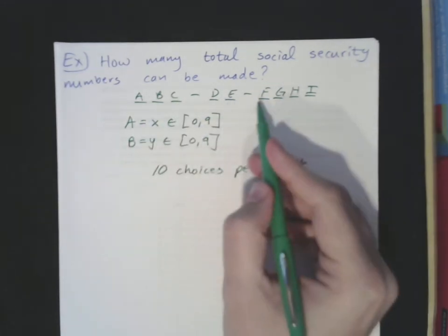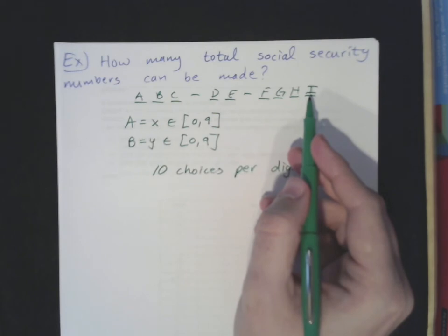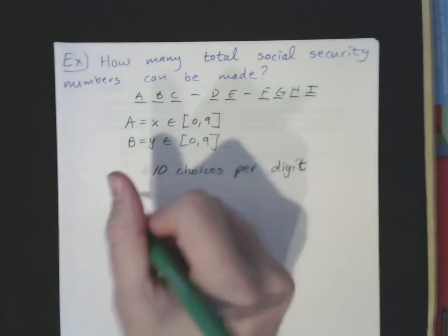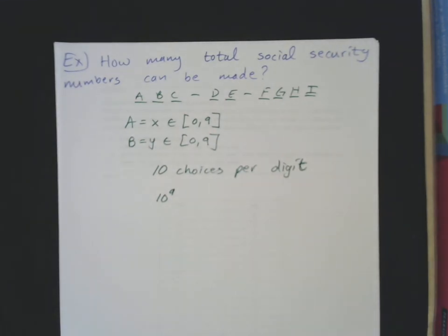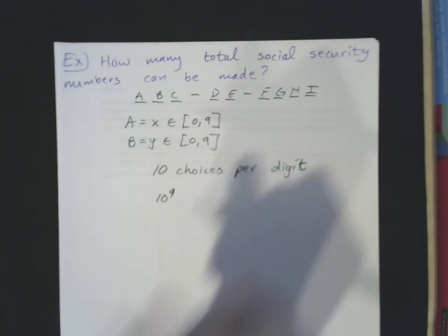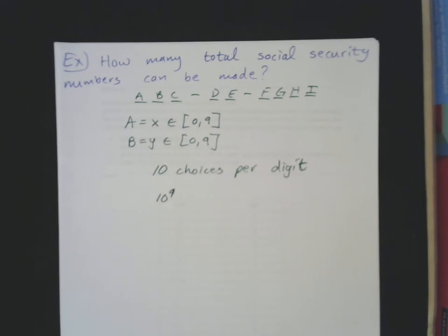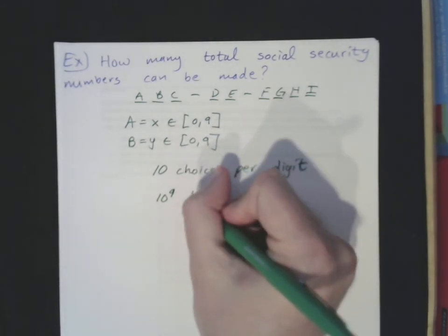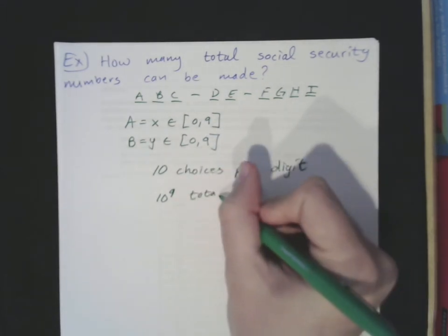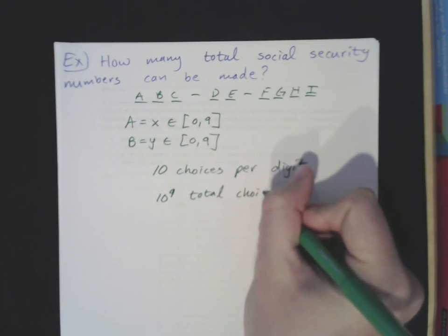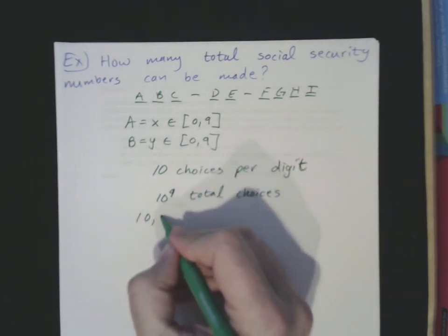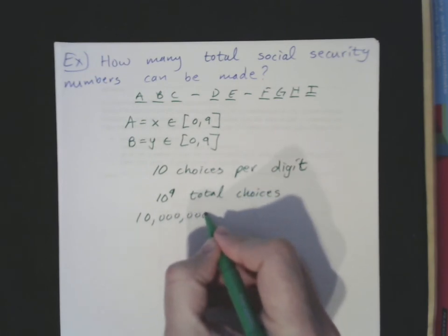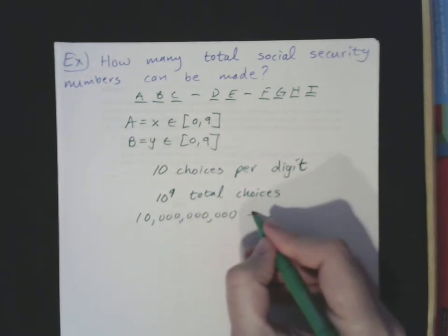So we have 10 to the 9th. That's how many total choices there are. This is simply 10 billion.